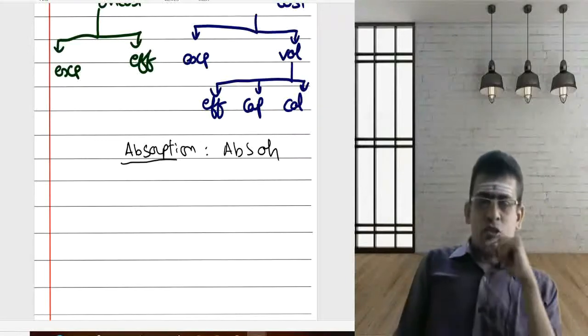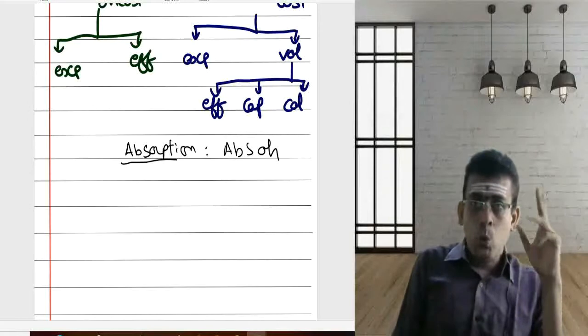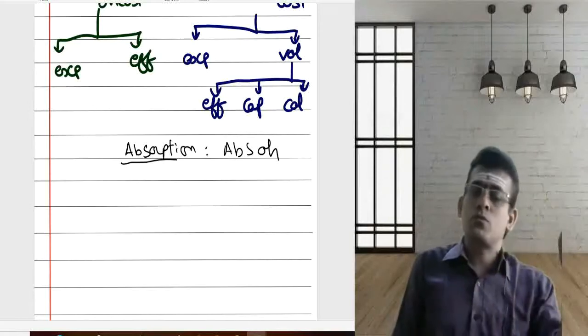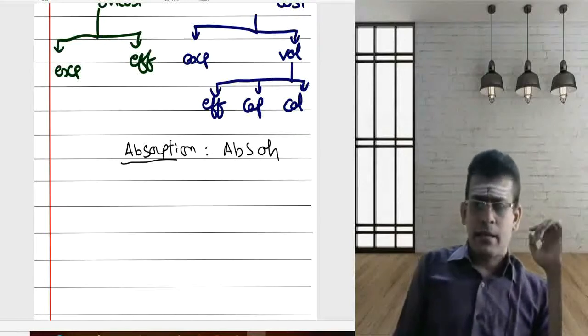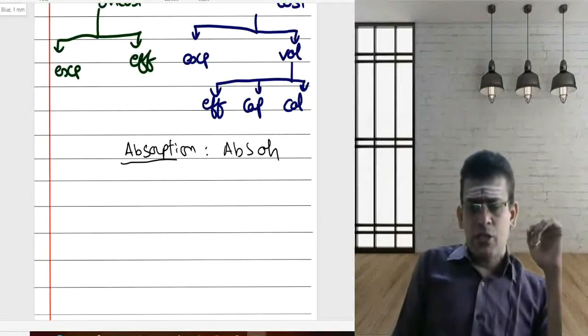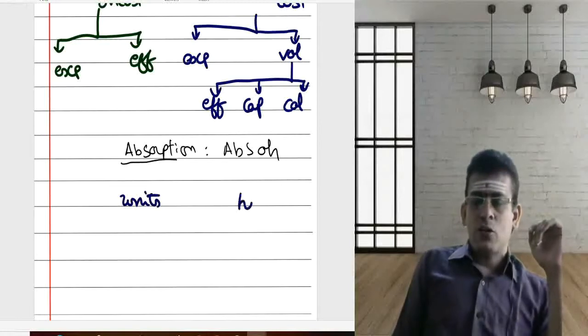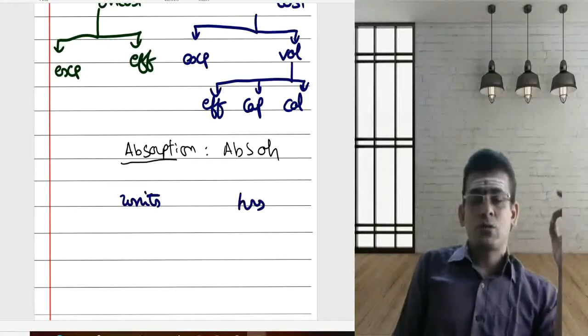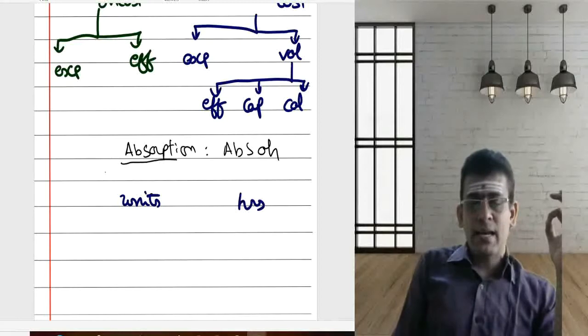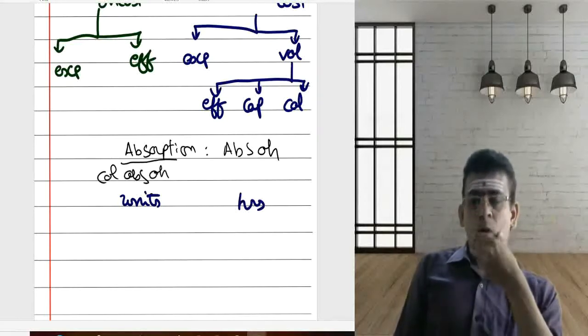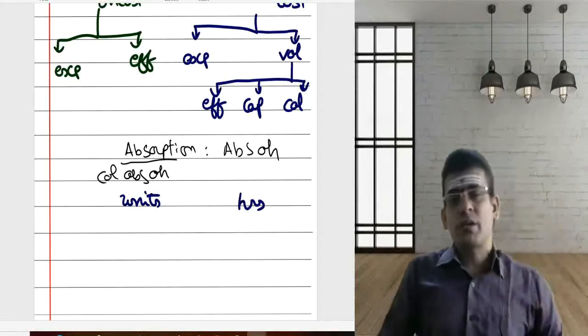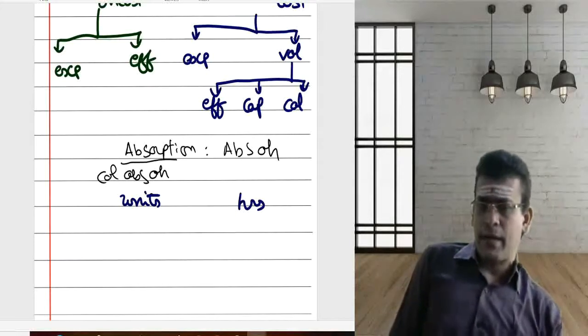Now, let us understand how I calculate my absorbed overheads. There are basically two different ways I can calculate. One, calculation of my absorbed overheads based on units, and two, calculation of my absorbed overheads based on hours.